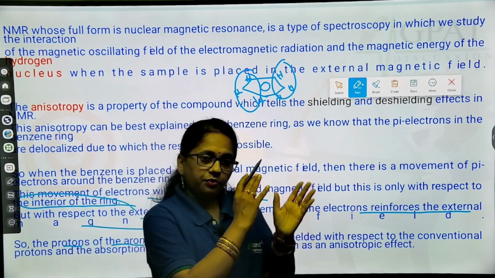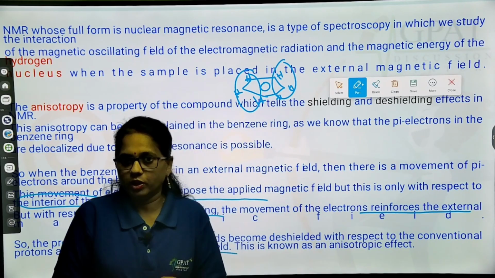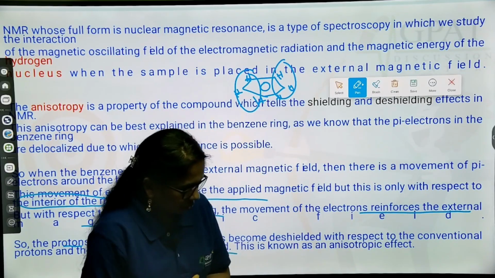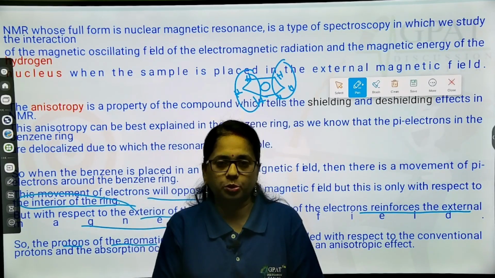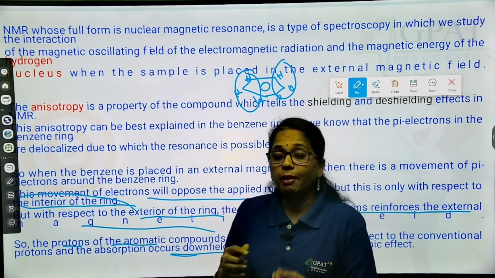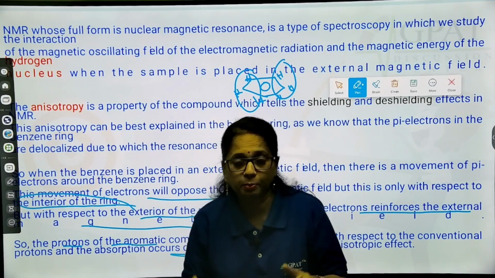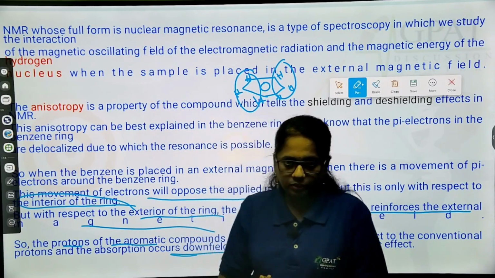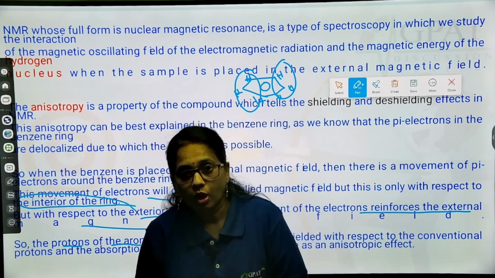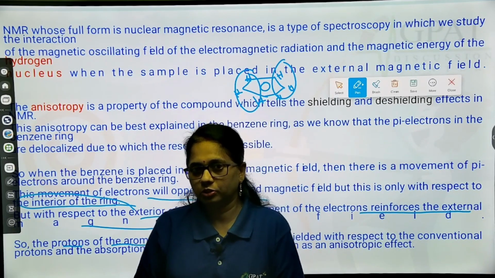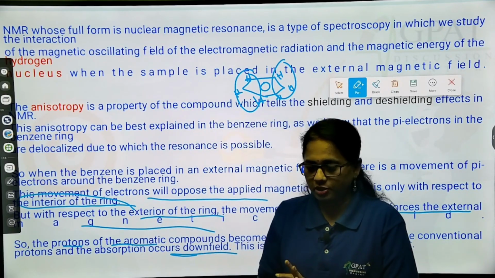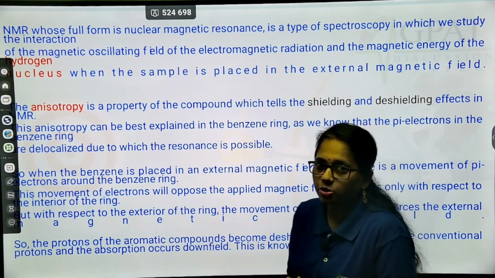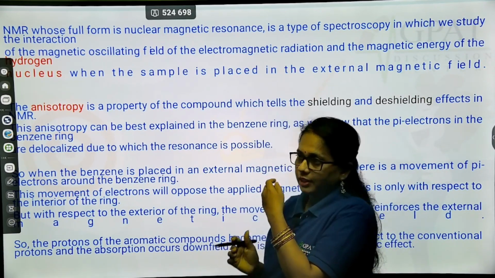These are very far signals we observe because of the opposition of the force. This is called magnetic anisotropy. Whenever a magnetic field is applied, the electrons oppose that external magnetic field, especially the pi electrons, which take that role. Thereby you see the anisotropy in some aromatic compounds.